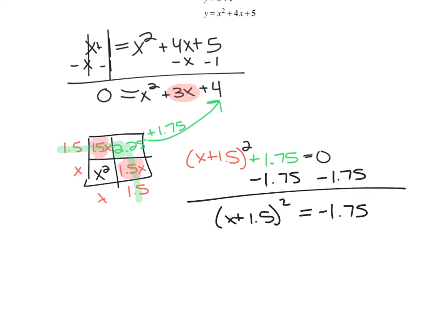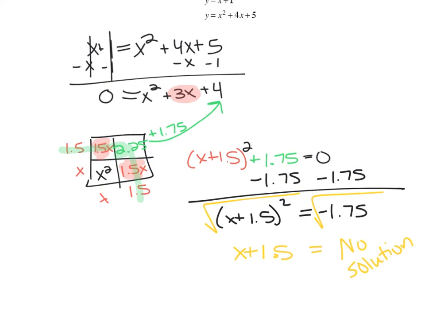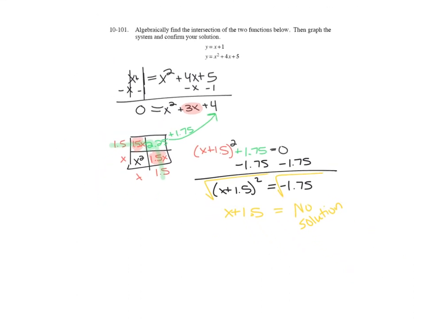To undo the squared, we would do the square root on both sides. And, oh, we end up with the square root of a negative. That would be no real solution. That means our solution is an imaginary answer. We could find the imaginary answer, but it doesn't help us in a system of equations because it's telling us that these two graphs do not intersect.